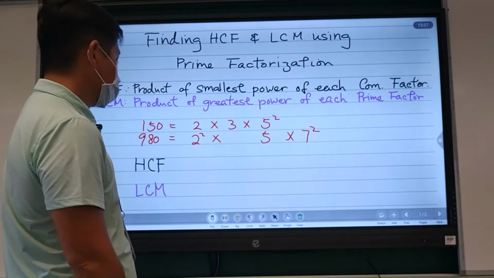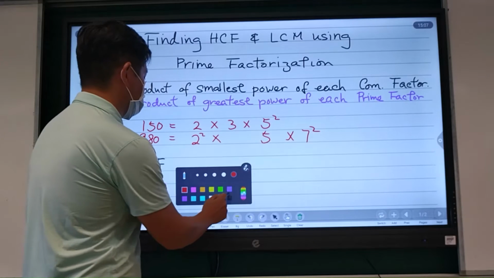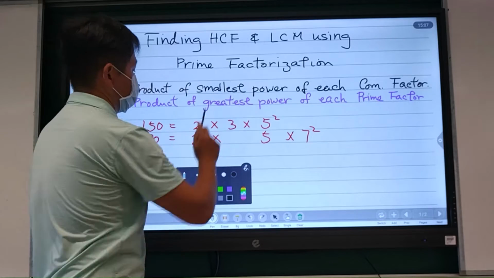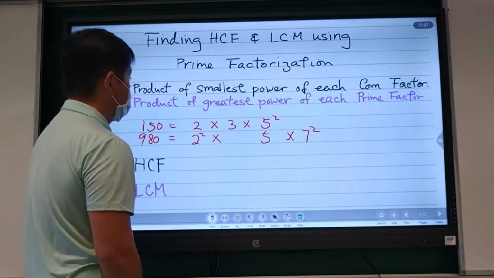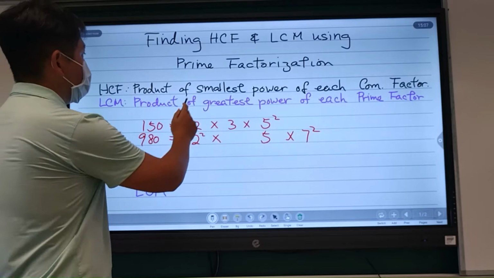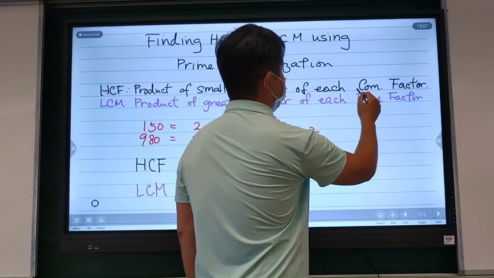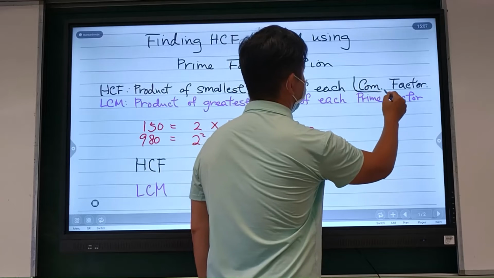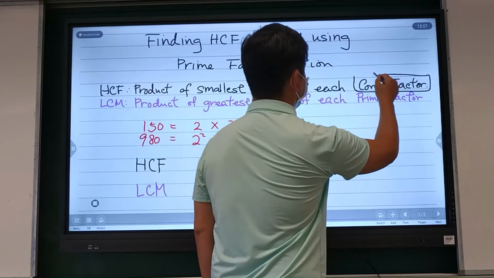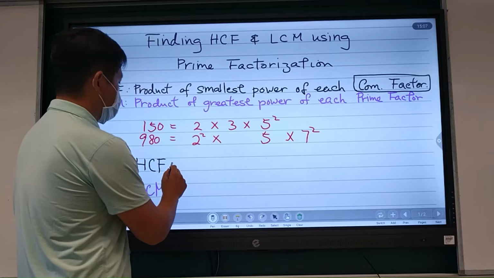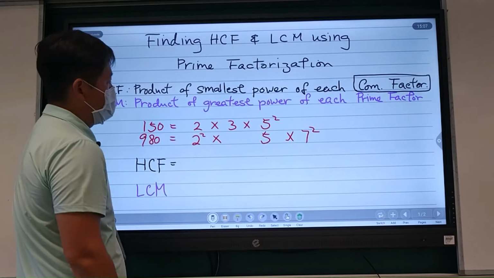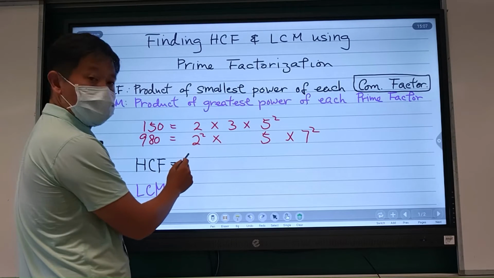Let's try to find the HCF based on this definition. It is the product of the smallest power of each common factor. Notice the words common factor, so let's look for the common factors. 2 and 2: is that in common?